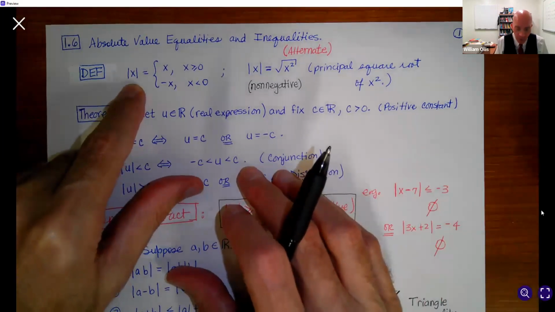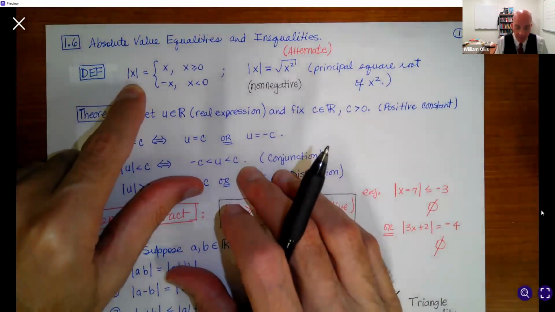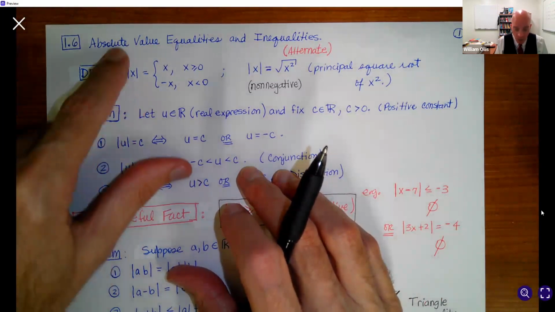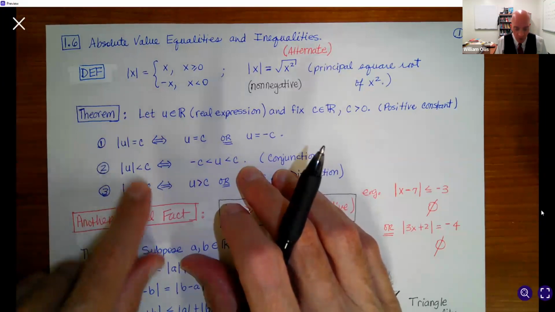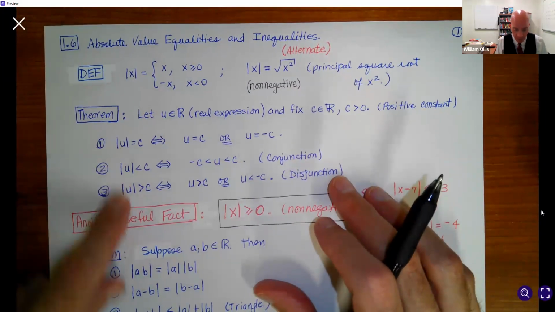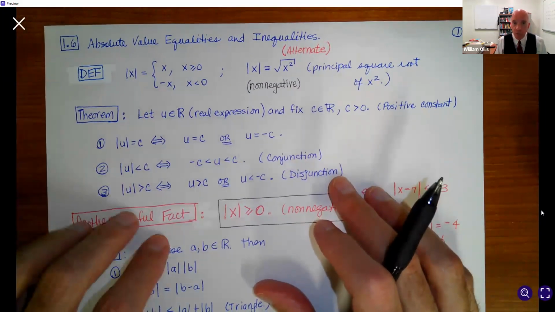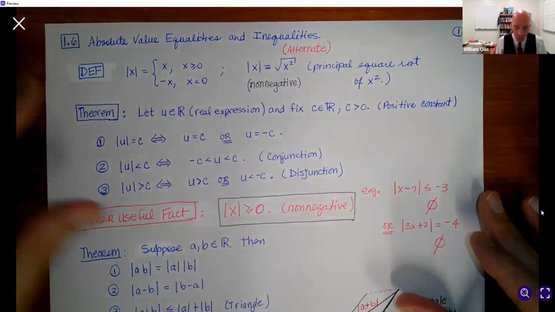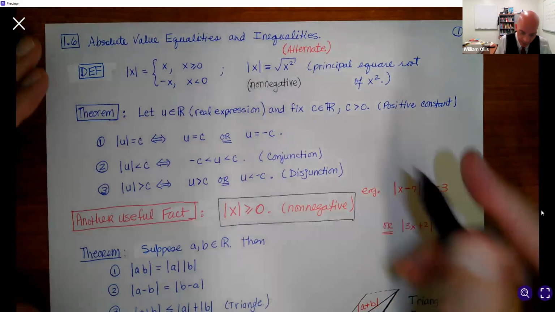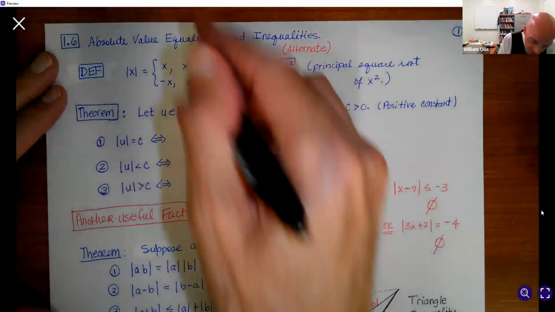This symbol here is the expression X with two vertical lines. Now, you notice here I've written U's and A's and B's. Whatever expression we have can be denoted by any letter you like. So when we look at this absolute value, we're looking at real expressions.